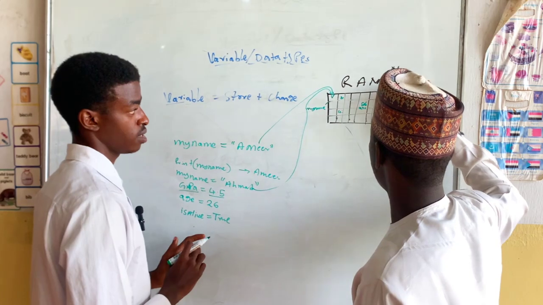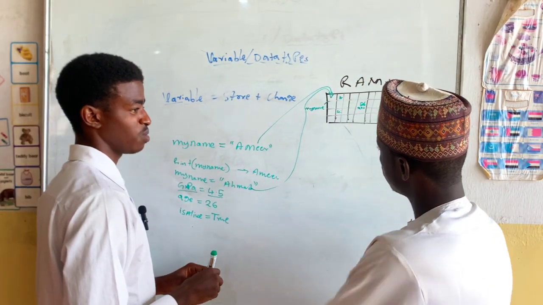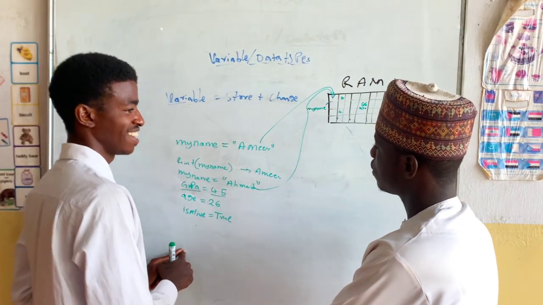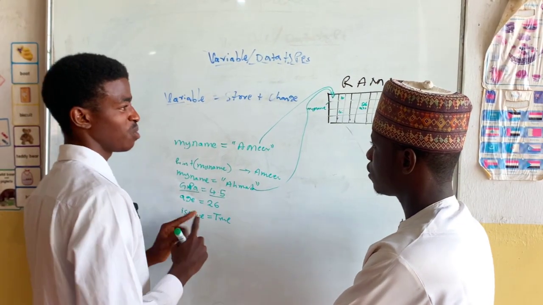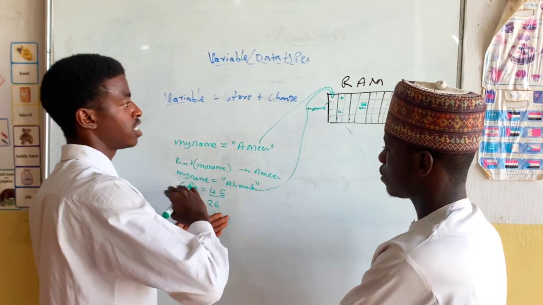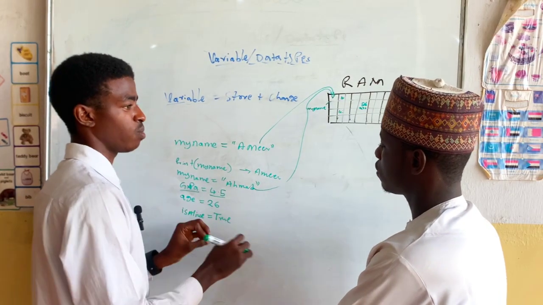Can this RAM be full? Yes, definitely it can be full. But you cannot fill it with creating variable. You can only fill it maybe when you write a program that will keep on assigning value to those spaces, keep on putting spaces all over the place.